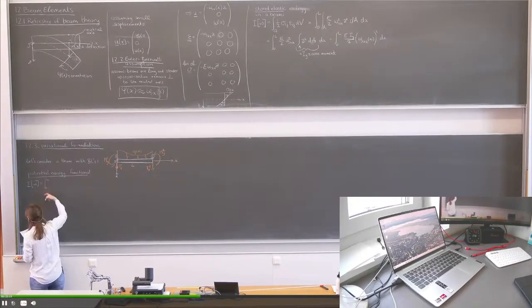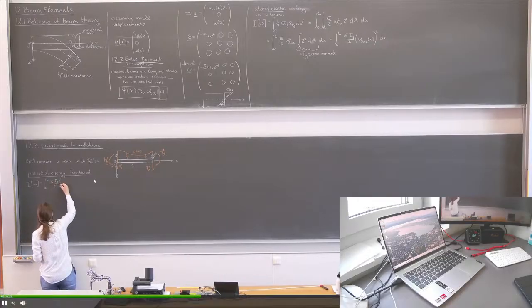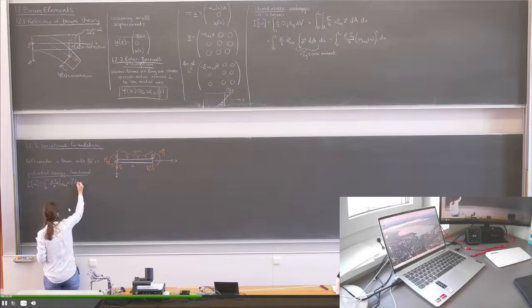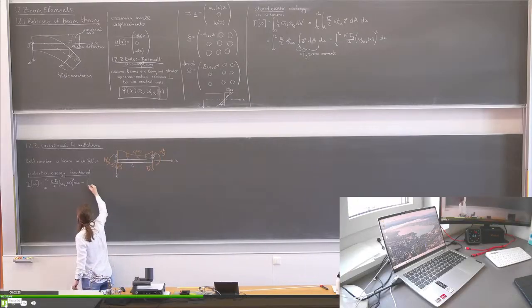So that would simply be integrating from 0 to L of E I_y over 2 multiplied by w comma x of x squared dx. And now when we want to write out our potential energy functional, we also have to subtract from here the work done, right? So we would have minus, let's start with the distributed load.